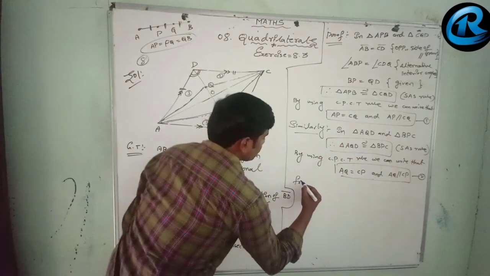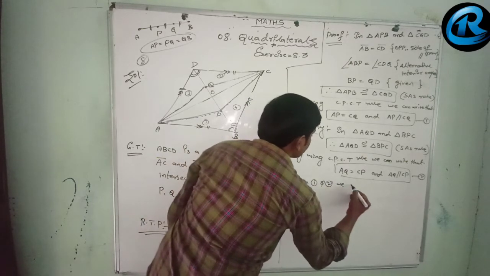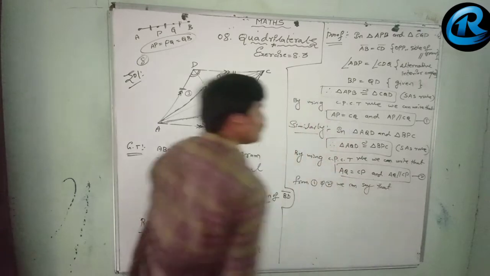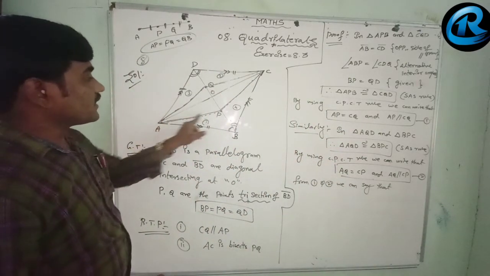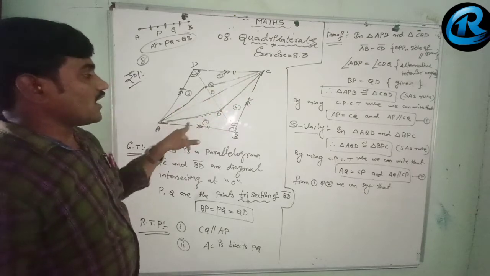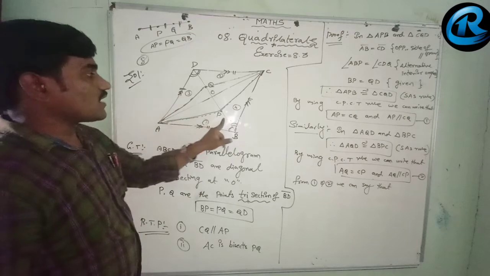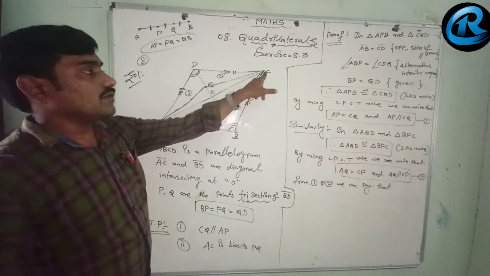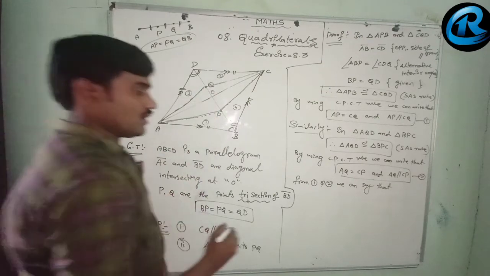From 1 and 2 we can say that AP is parallel to CQ and AP is equal to CQ, and AQ is parallel to PC, or AQ is equal to CP. Opposite sides are equal and parallel.